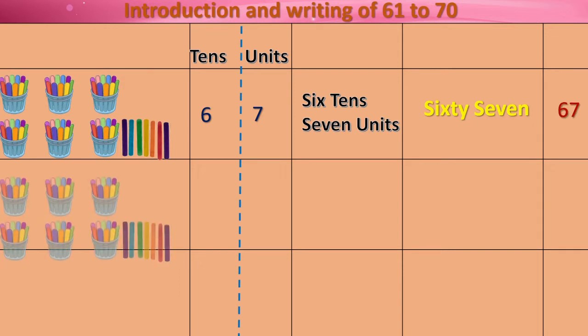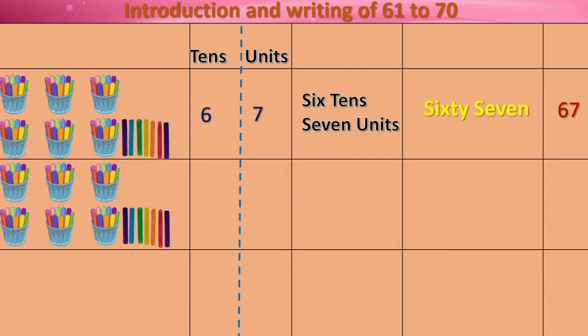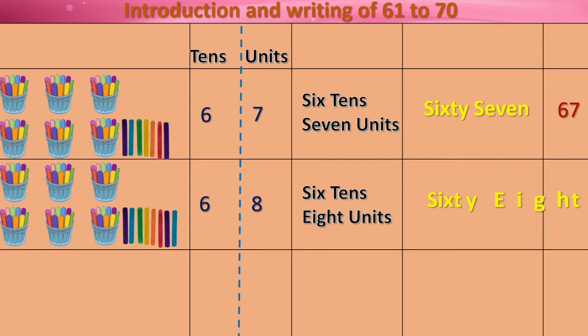Next we are going to add one more stick. So we got 6 tens. Yes, dear children, how many singles are there? 8. Good. So our number is 68. In numerals 60 and 8. Got this, children?